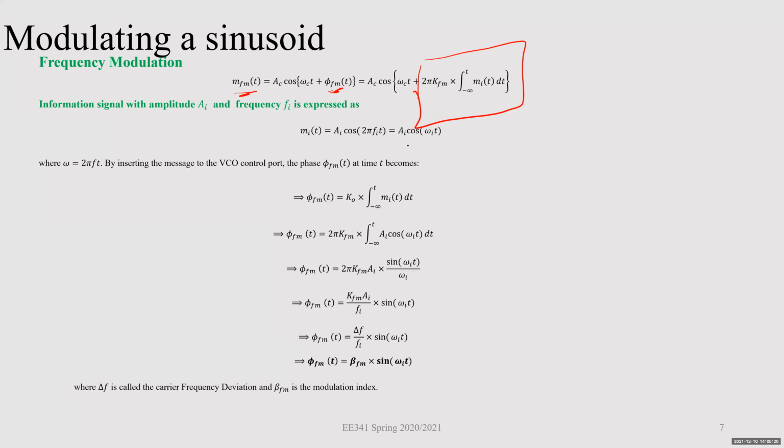Then when you solve it, you will get phi m equals beta times sine of omega m t, where beta is equal to delta f divided by fm. So this beta is here also. Beta is the change in the carrier frequency divided by fm.